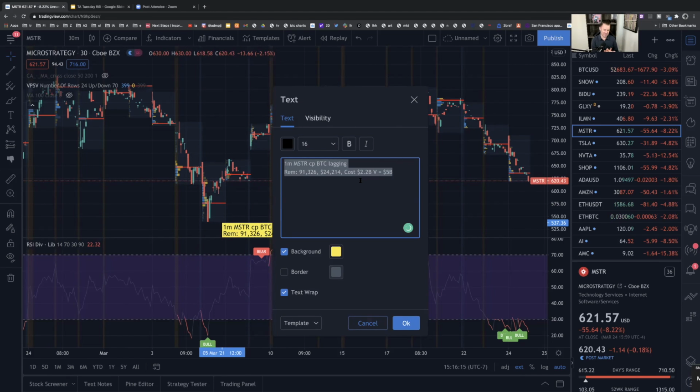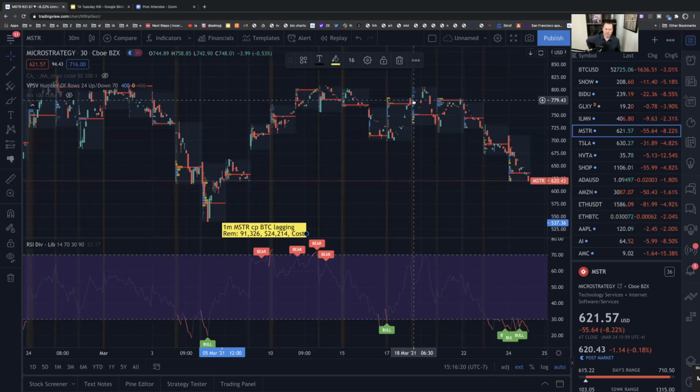Cost of that is 2.2 billion. And now the value of their Bitcoin is over $5.5 billion. Add 5.5 plus 1.2, that's the value of your enterprise. Divide that by the number of shares, you should get your share price. And then you can identify if it's an arbitrage opportunity or not. And I'm going to be showcasing a model very shortly and sharing it as well online. So stay tuned for that.